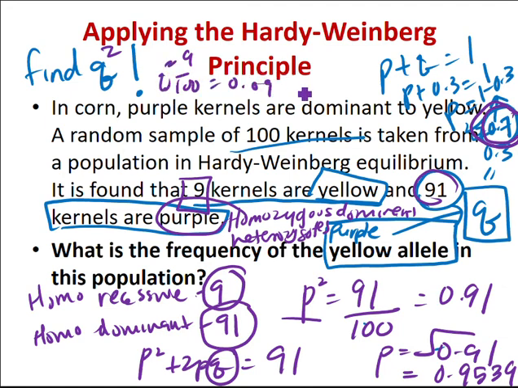Then find the square root of Q squared, which is 0.3, and then you know P plus Q is 1, so P would be 1 minus 0.3, which is 0.7. So this is the correct value. And then when the question asks you to find the frequency of the heterozygous, this is easy. You already know P, you already know Q, so 2 times 0.3 times 0.7 will give you the frequency of heterozygous in that population. Okay, I hope that clears it up.